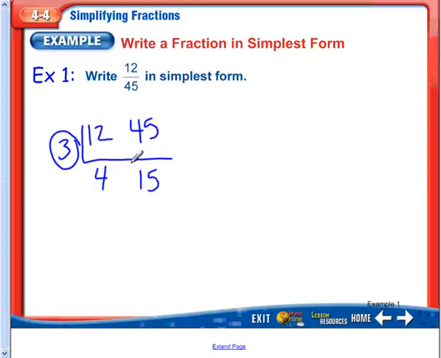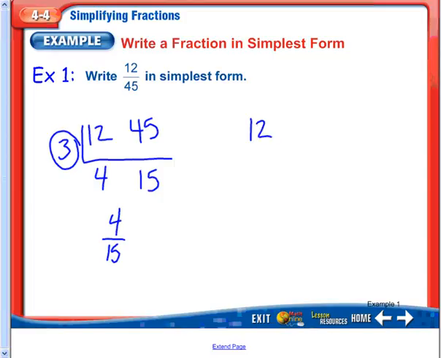And what the L method actually does for me as well is it gives me the simplest form right there, 4/15. Because I'm already dividing by 3 to both numbers, and I'm left with the numbers in simplest form.